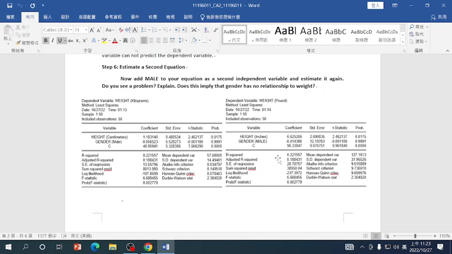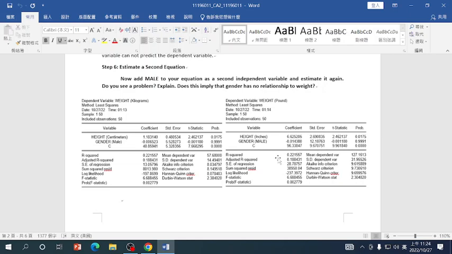Moreover, the R square does not change after we add gender to the equation, and we found the adjusted R square changes from 0.205 to 0.216. This means that the gender dummy variable cannot predict the weight. Can you explain the coefficient with these two models?